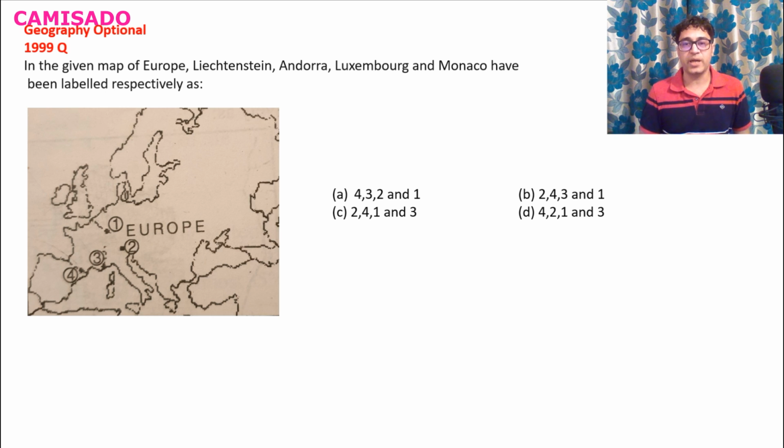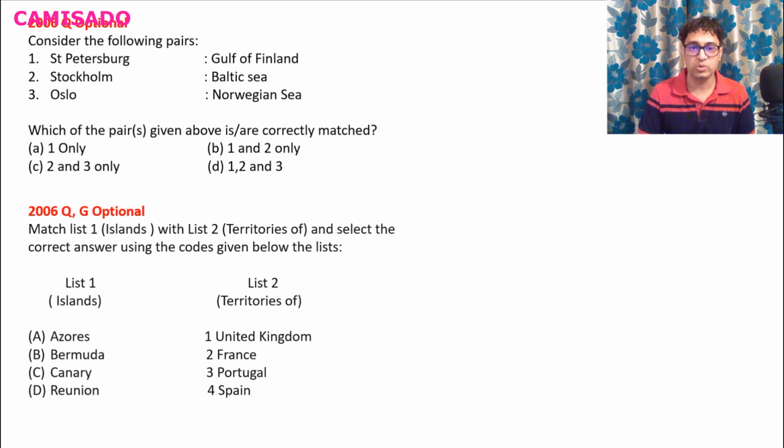And you will notice that in most of the questions pertaining to map work, they have a certain trend. And the trend is that you just have to know which geographical features lie in which country or in which location, or which rivers flow through which country, or you have to either arrange certain geographical features from left to right or east to west or north to south.